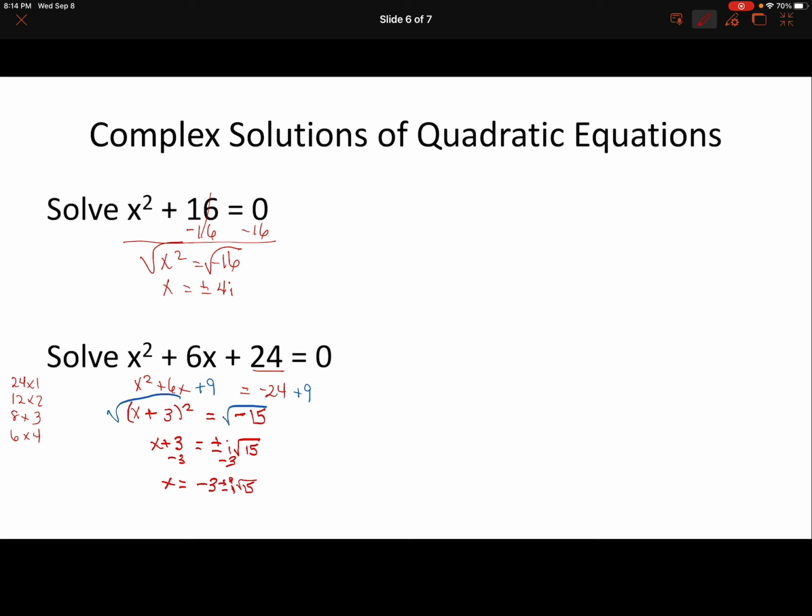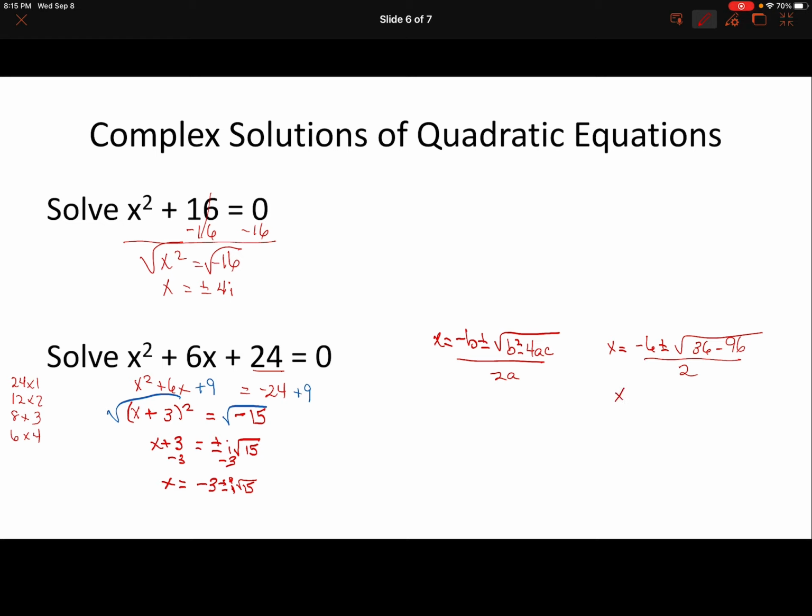Had we decided to do this with the quadratic formula, we would say x is equal to negative b plus or minus the square root of b squared minus 4ac all over 2 times a, which means that we are going to change the sign of b. So negative 6 plus or minus the square root of b squared, 36, minus 4 times 1 times 24, so minus 96, all over 2 times 1.